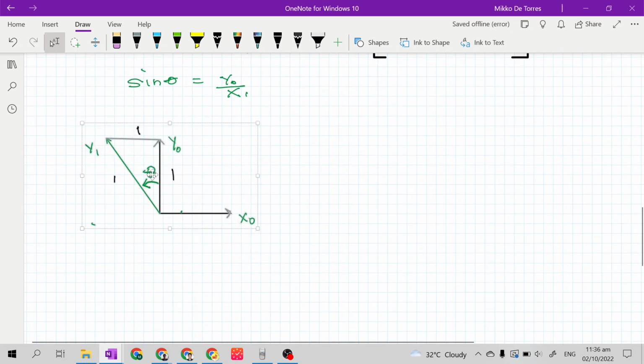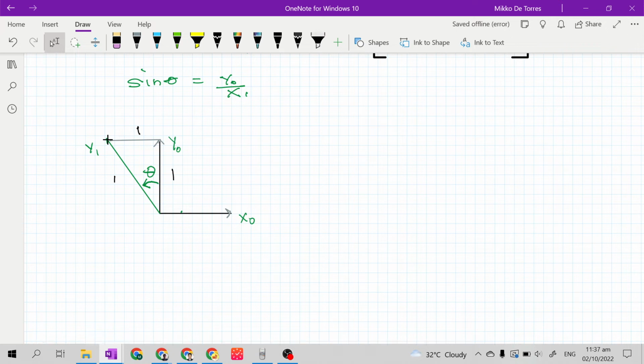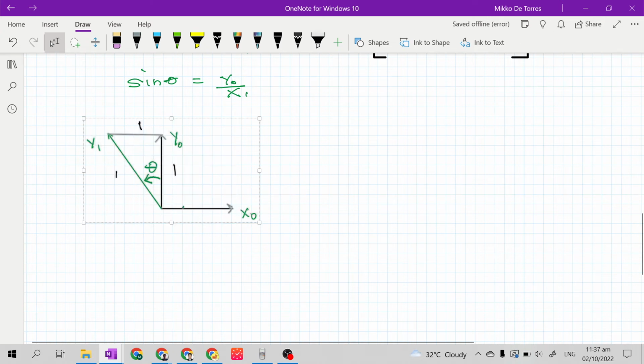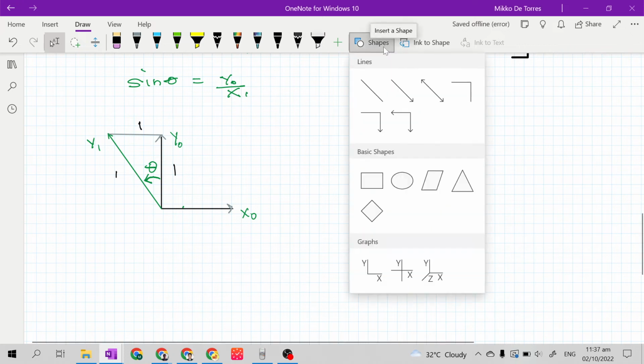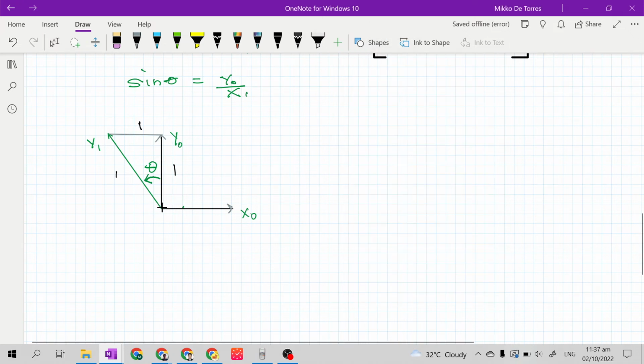So we will also have a right triangle. Now it is still at the plane of x0 and y0, but now the y sub 1 is at the negative side of x sub 0.